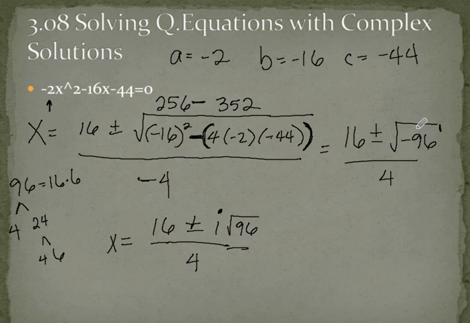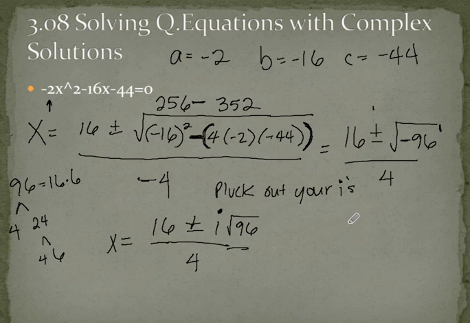Recall that if you have a negative under the square root, you must pluck out your i's. Pluck out your i's. So this negative under the radical right here, that is how we knew we were going to have imaginary solutions. All right, then perhaps you can see that there's a perfect square root here.